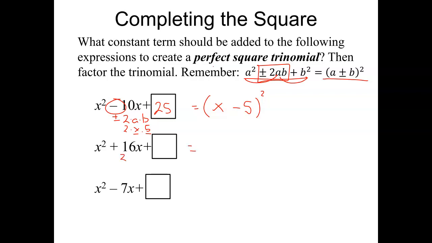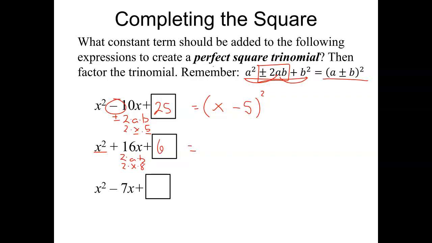Okay? 2A, B. What's the value of A? A is X. A comes from the first term. So what does B have to be so I can multiply those and get 16? 8. 64 is what goes in the box.